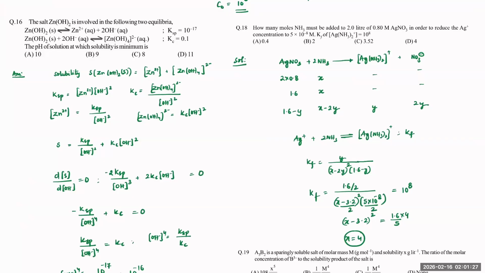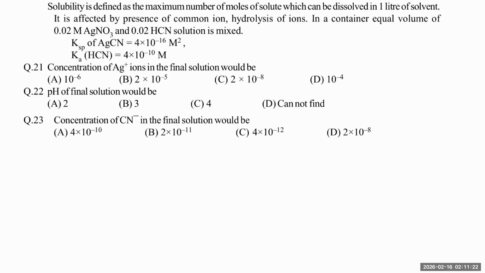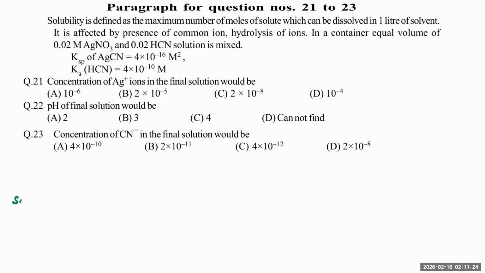All good. So if you see these questions, it has been given that we have equal volume of these two. So once you add both of them, you will have 0.02 AgNO3, or I'll simply take it as Ag plus, and HCl.